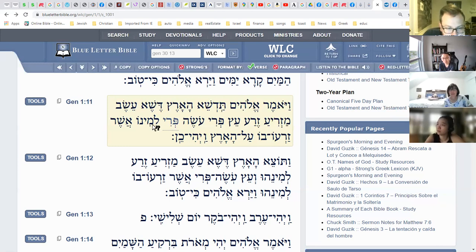But we know the O here refers back to fruit because the seed is in the fruit. But why is it not referring back to kind? I've just put that question on the Hebrew.